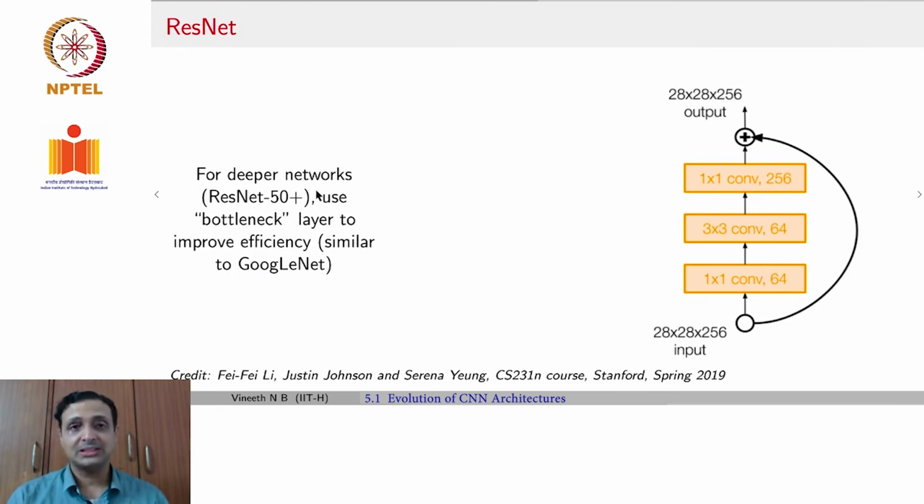For very deep networks, which went beyond 50 layers in a ResNet, they also used a bottleneck layer. You can see the 1x1 convolutions to improve the efficiency, similar to GoogLeNet.